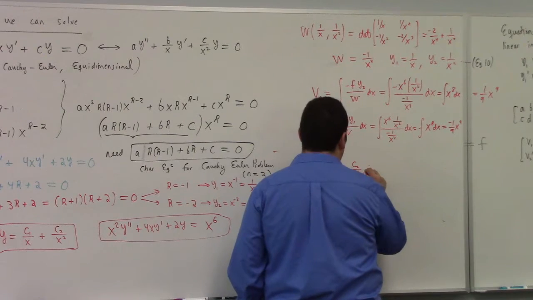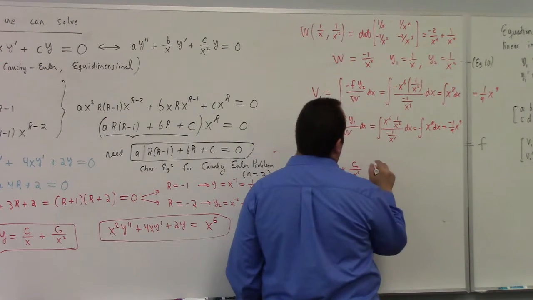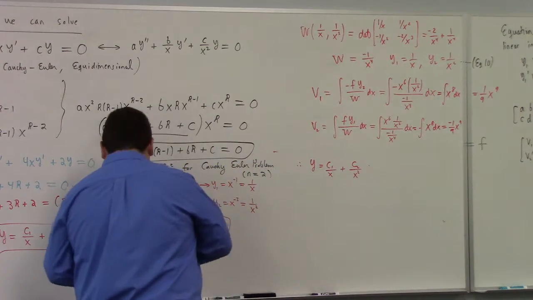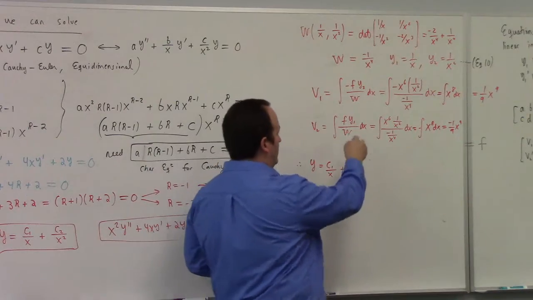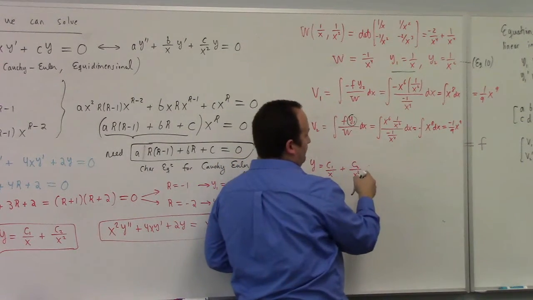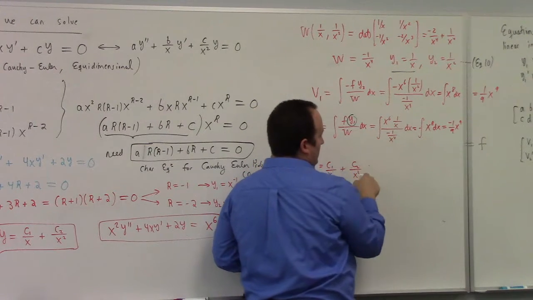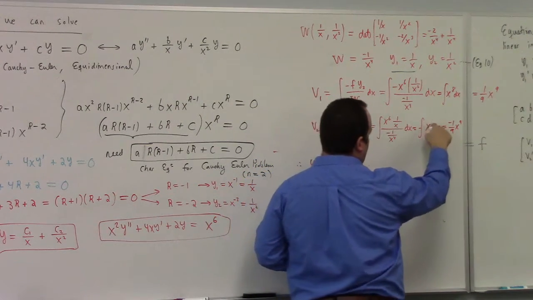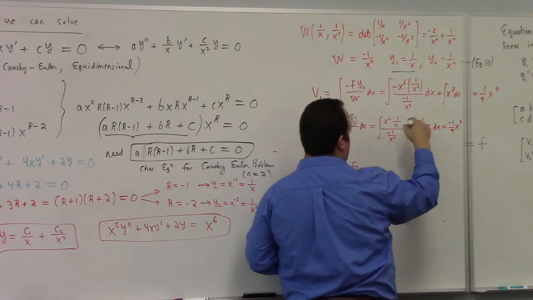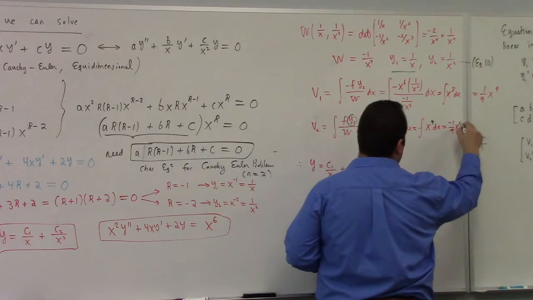over x squared. Oh, you guys, don't let me do that. You guys, come on. You gotta stop me. What was y1? x. Yeah. So this is 9, so we got a 10 here.